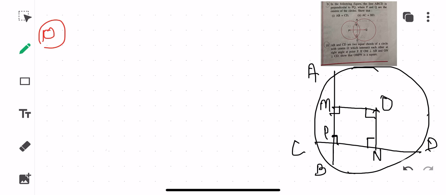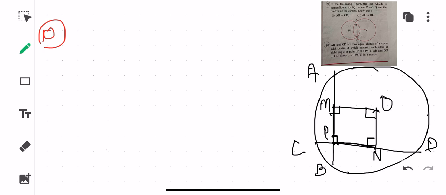To prove it is a square, you have to prove that any two consecutive sides are equal, because you know that in a rectangle the opposite sides are already equal. But for proving that it is a square, you need to prove that even the adjacent sides are equal. So how are you going to do this?